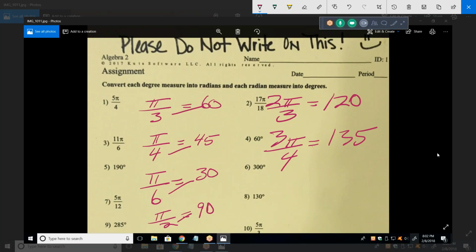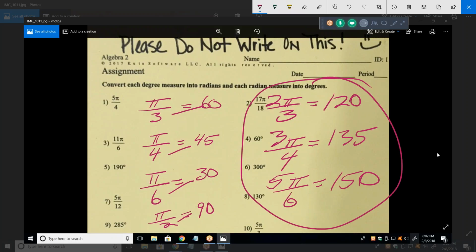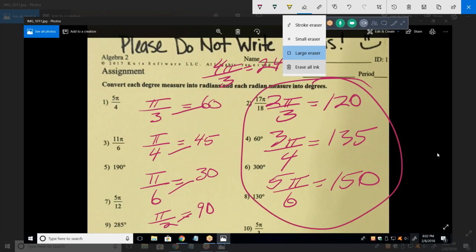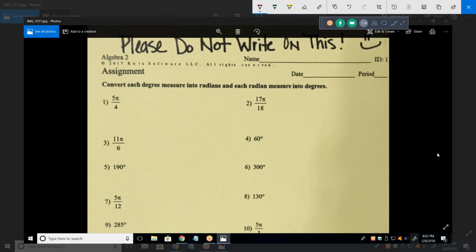If pi over 6 is 30, tell me what 5 pi over 6 is. 150. This, to me, is the preferred method. Tell me what 4 pi over 3 is. 240. There you go. Which one is quicker? Now let's go through all of the radians and do it that method.